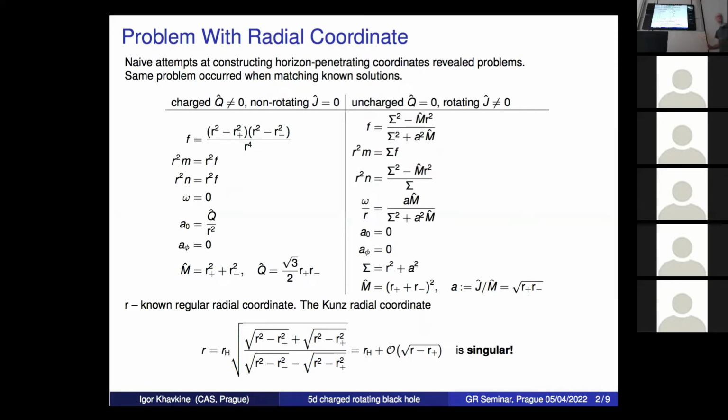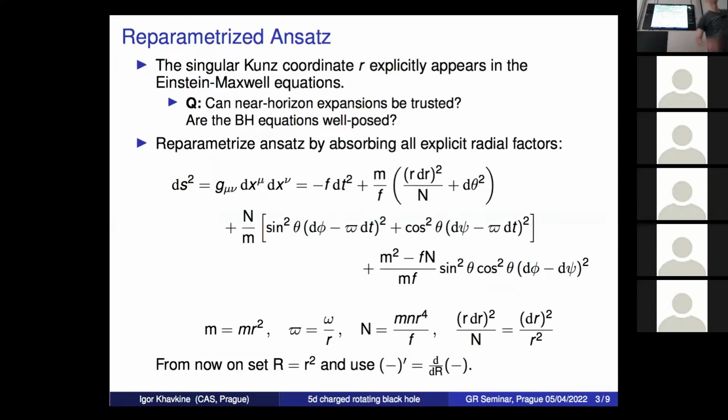Oh, I see. In the paper it's easier to distinguish, but in the presentation the fonts differ only by slantedness. So this is the non-regular one, and this combination happens to be regular. When you see derivatives written by primes, these are derivatives with respect to the squared radial coordinate, this capital R.